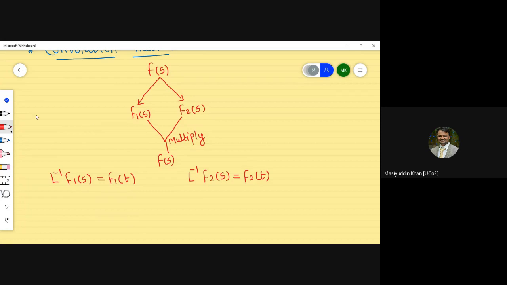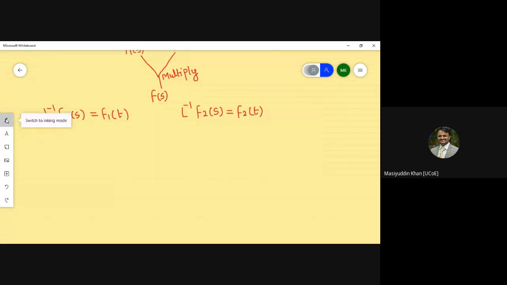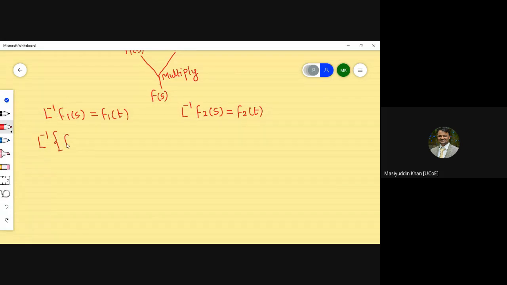Now the main statement of the convolution theorem is the Laplace inverse of f1 of s into f2 of s is equal to the integral 0 to t. You have to convert that t in terms of a variable with the first function or second function.